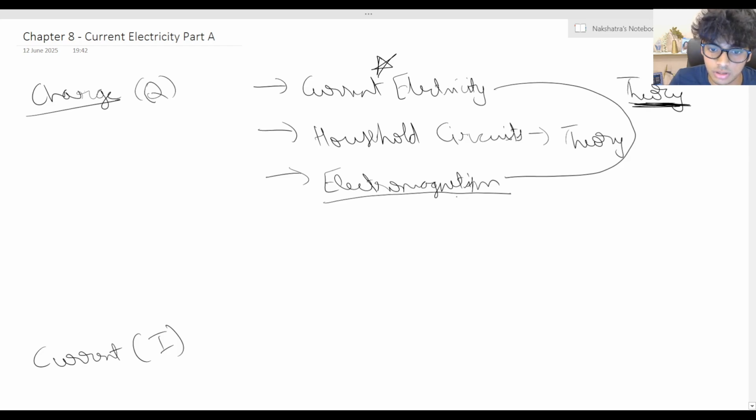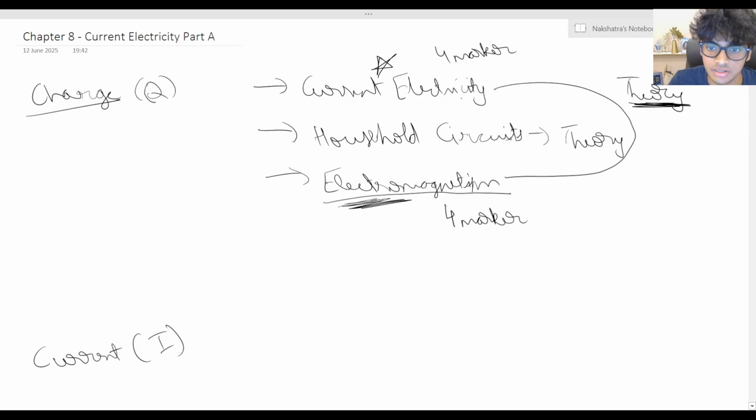Usually, as per what I've seen, you will get a 4 marker from electromagnetism, and you will probably get a 4 marker from current electricity as well. For electromagnetism, usually they base it on two very important concepts, but we'll discuss that when we talk about the electromagnetism chapter.